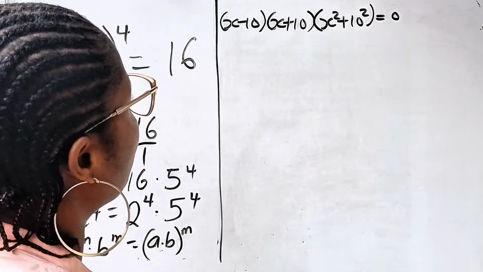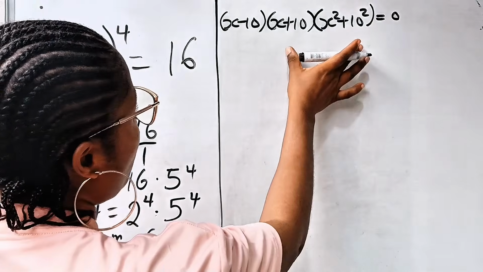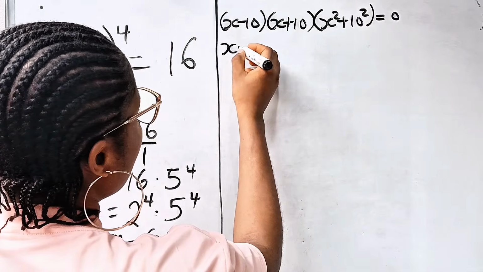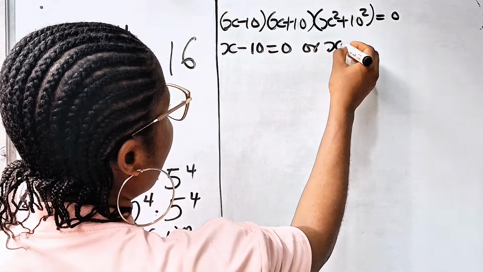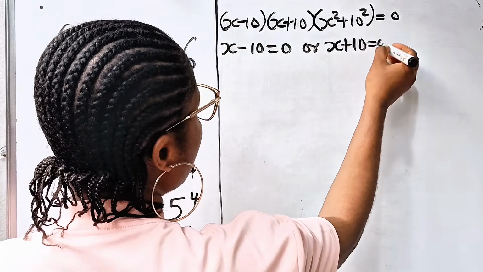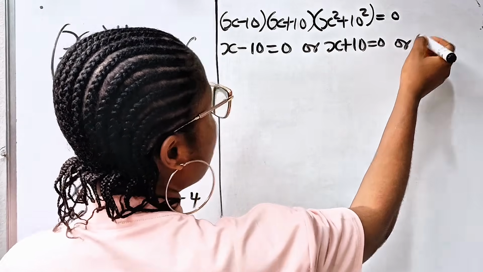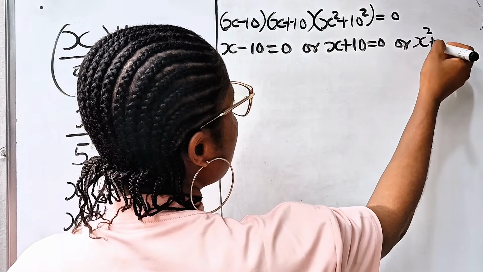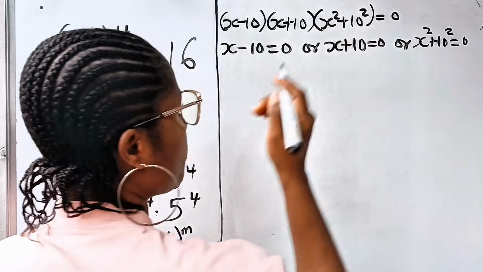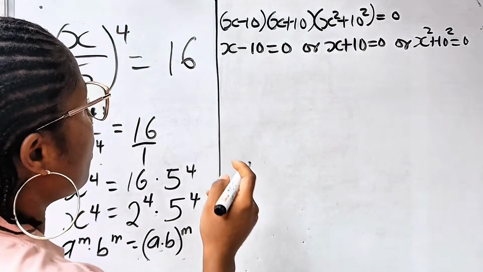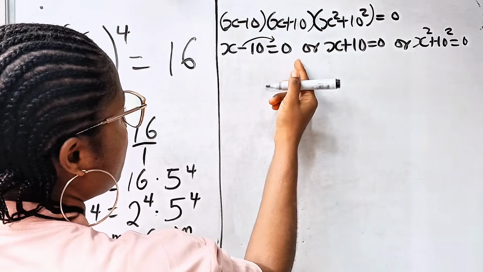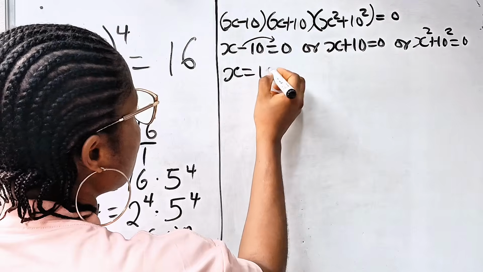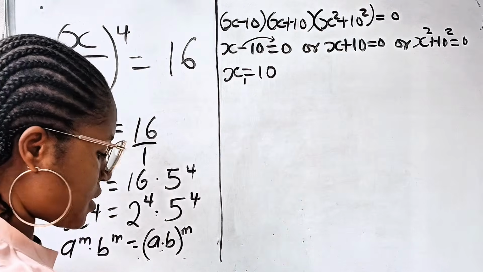All right, now from here it means that x minus 10 is 0, or x plus 10 is 0, or x^2 plus 10^2 is 0. So for this, if I transfer minus 10 to the other side, I will have x is equal to 10. So this is the first value of our x.